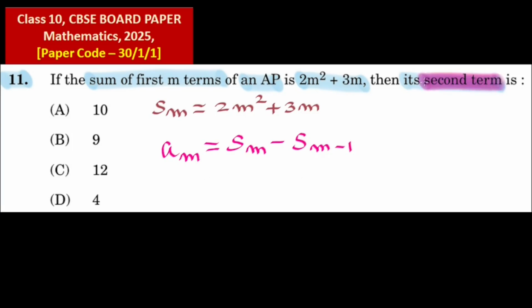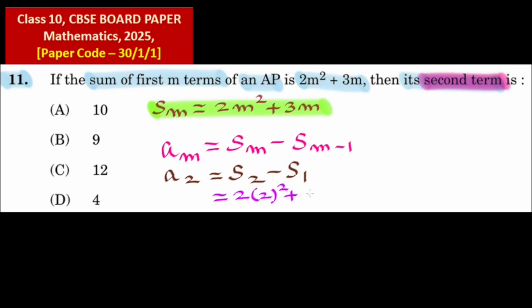We want the second term, that is A2, which will be S2 minus S(2-1), S1. Now from this expression we can write S2 as 2 into 2 square plus 3 into 2, minus S1, which is 2 into 1 square plus 3 into 1.